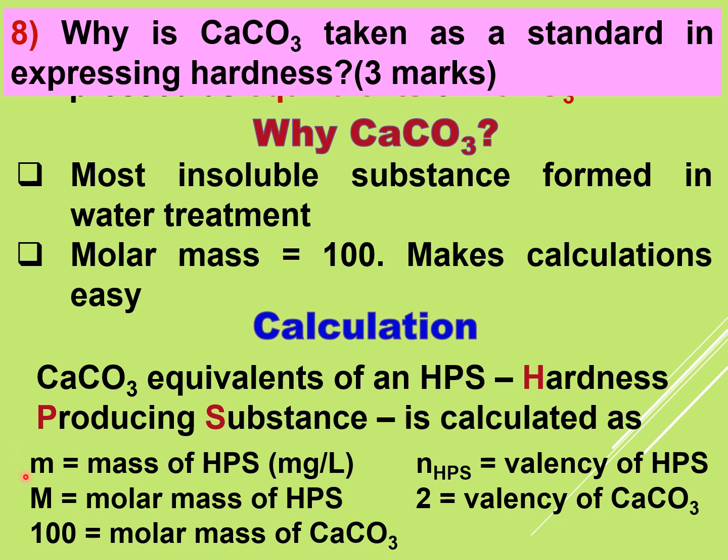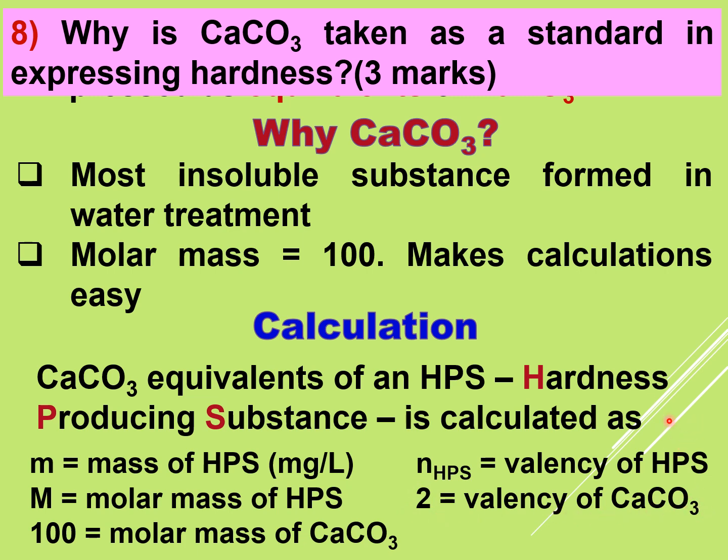So small m is the mass or the concentration of the hardness producing substance in milligram per liter. Capital M is the molar mass of the hardness producing substance. 100 is the molar mass of calcium carbonate. NHPS is the valency of the hardness producing substance. 2 is the valency of calcium carbonate.